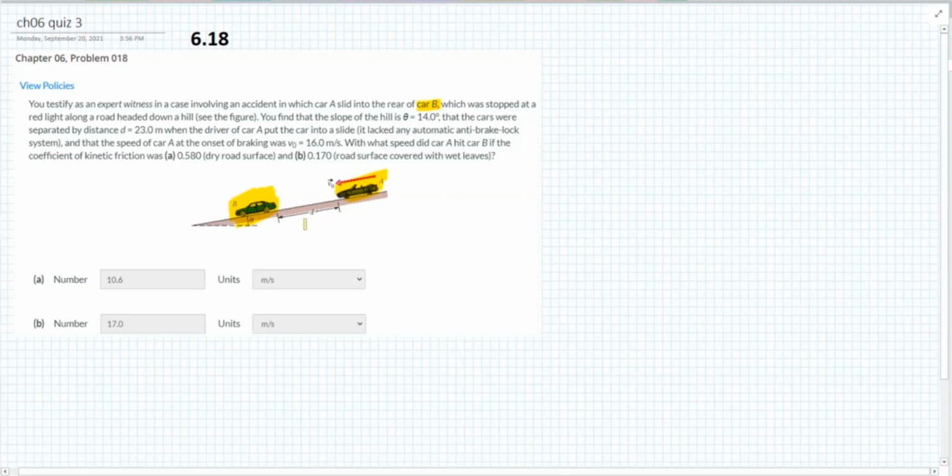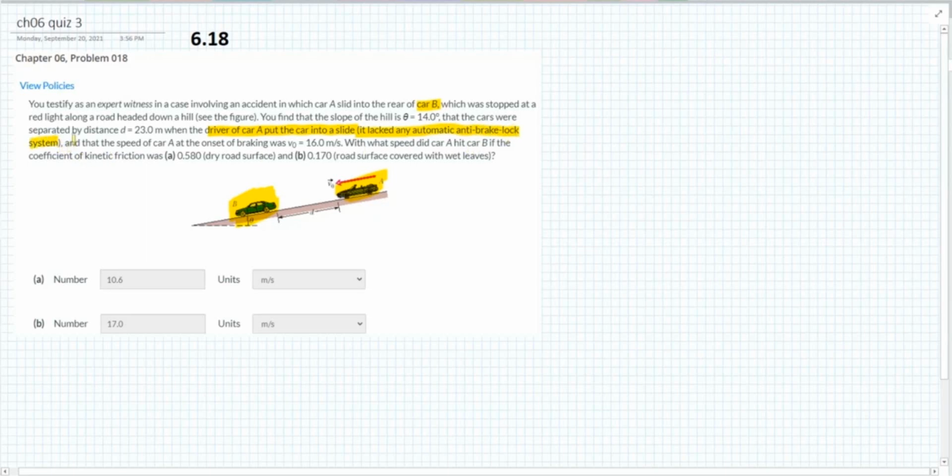At this distance, oh wait, you slam on the brakes. So you slam on the brakes when the driver of car A puts the car into a slide, meaning you slam on the brakes because it lacked automatic anti-brake lock system.